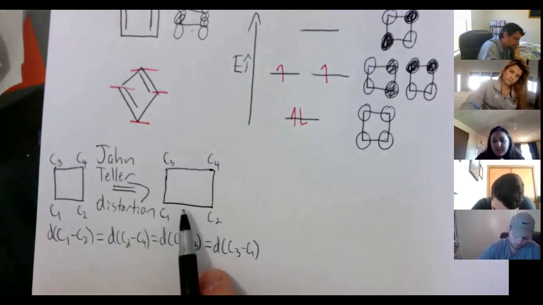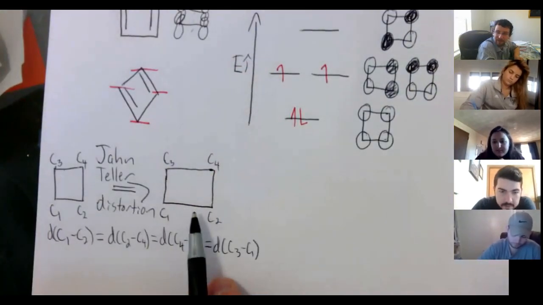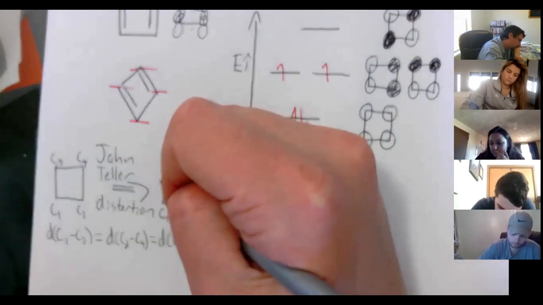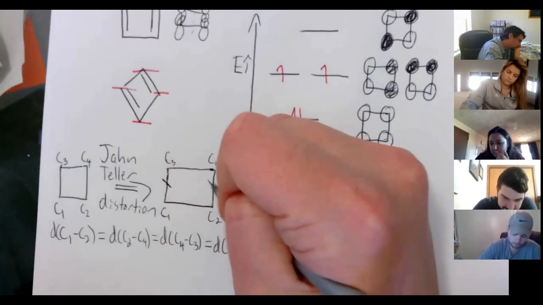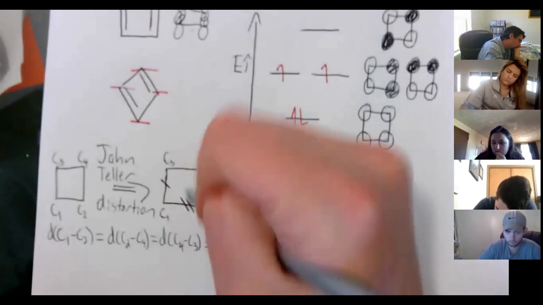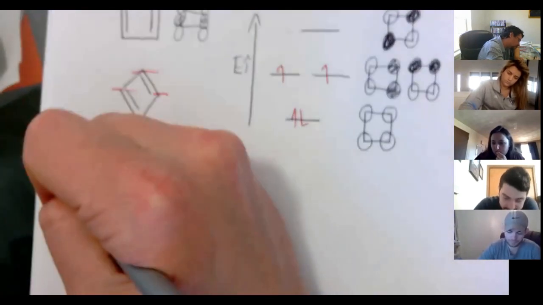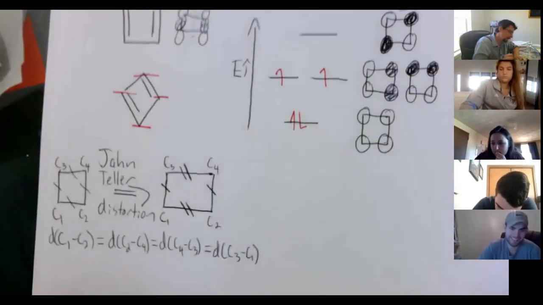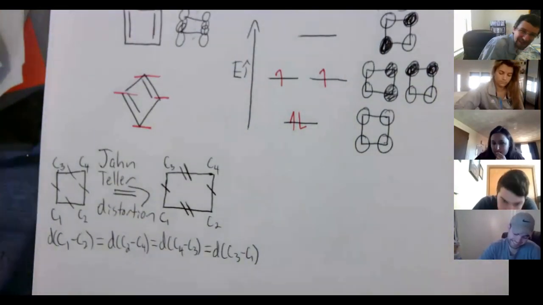So now it's a rectangle. These two are equivalent, and these two are equivalent, whereas originally, we had a square.